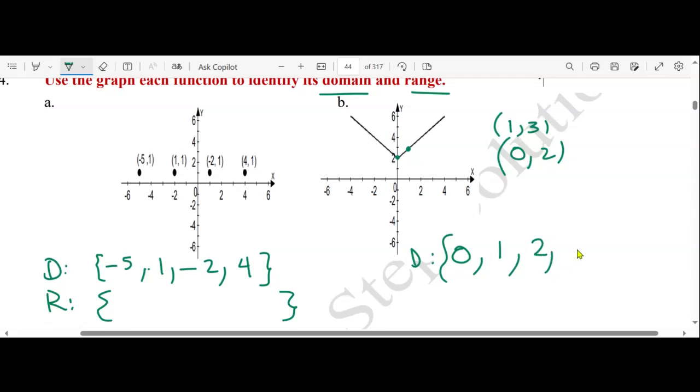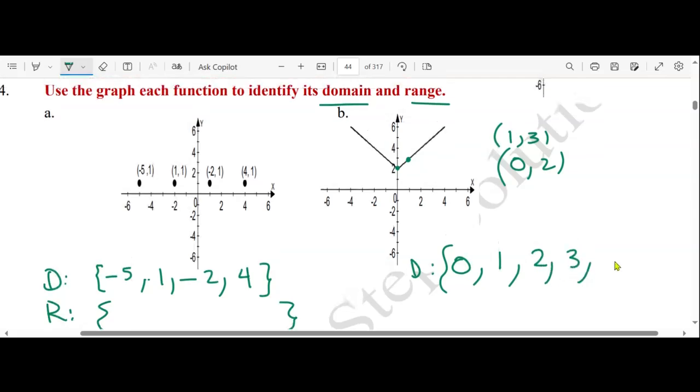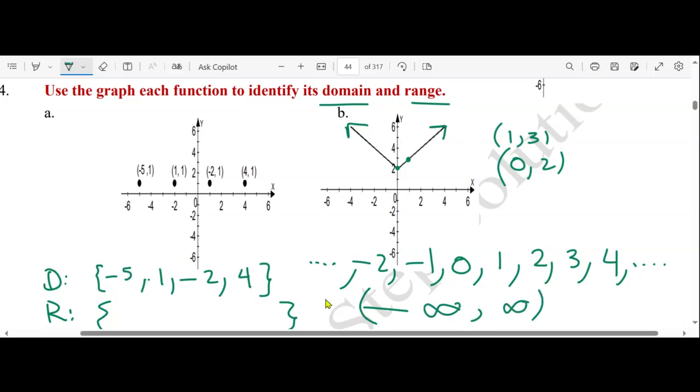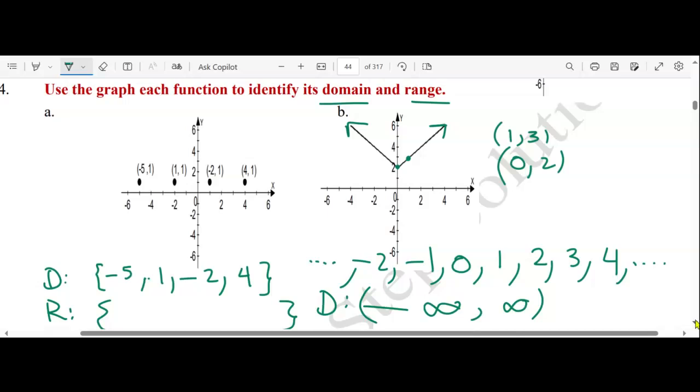Do you have 2? Do you have 3? Do you have 4? And it's moving on, right? Because this line is moving on, right? What about on the left side? Minus, right? So it's -1, -2, and moves on. So that means from where to where? From negative infinity to positive infinity.